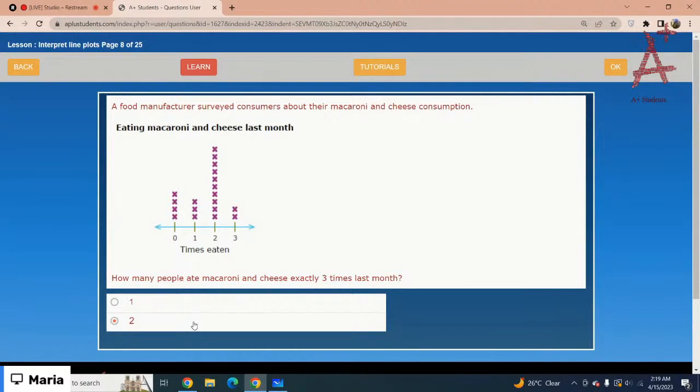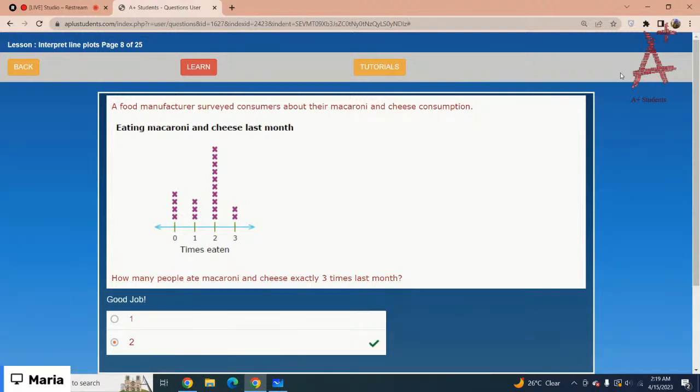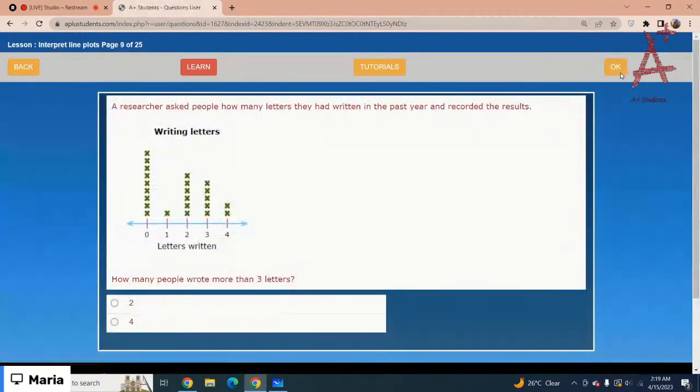Okay, so the next question is very good. Now I'm just looking at the answers you send me in the chat. I'm not going to calculate. I am tired of calculations. A researcher asked people how many letters they had written in the past year and recorded the results. How many people wrote more than 3 letters? So, more than 3, you have just one value, 4.